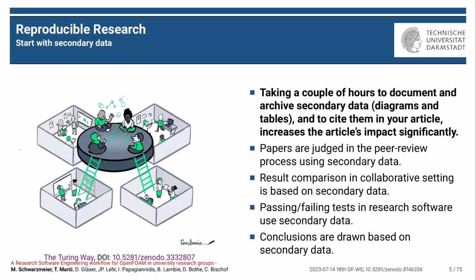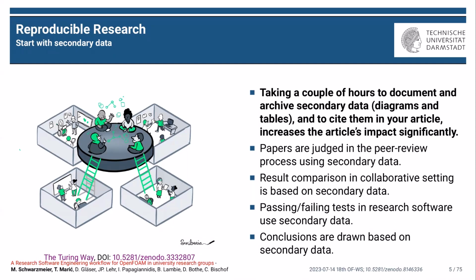So what is the first step to go against that? It takes only a couple of hours, honestly, to document and archive your data. Cite them in your article. This will already help a lot.